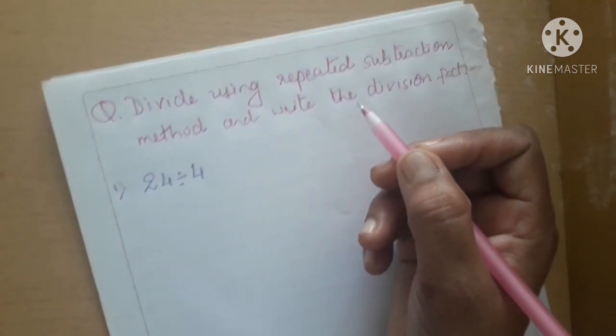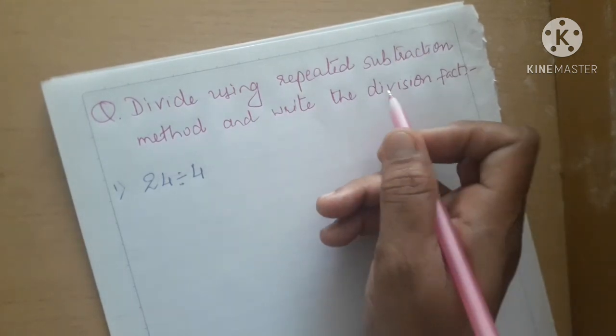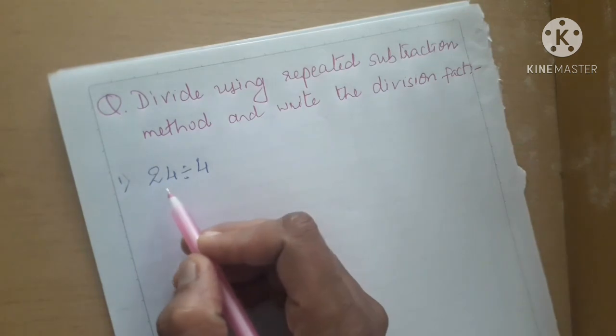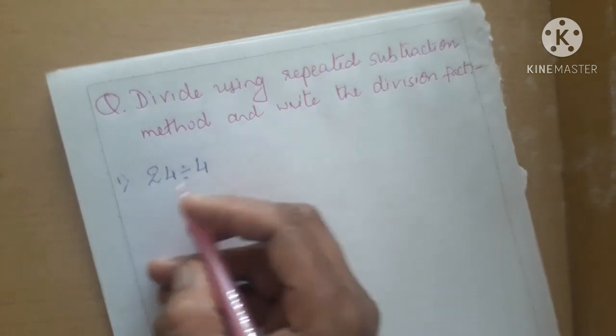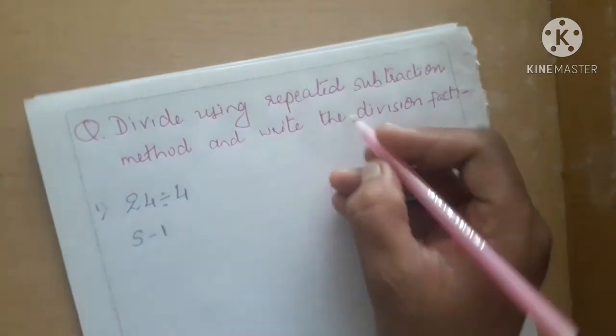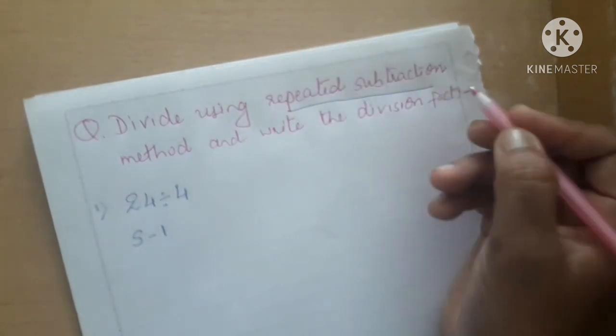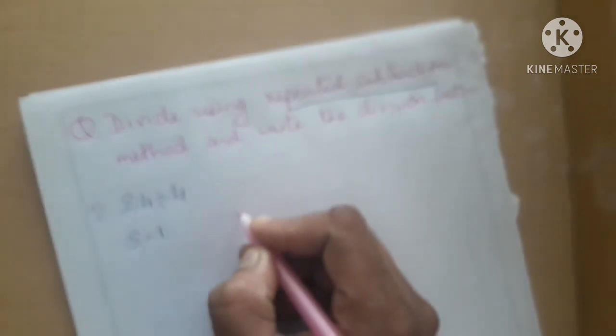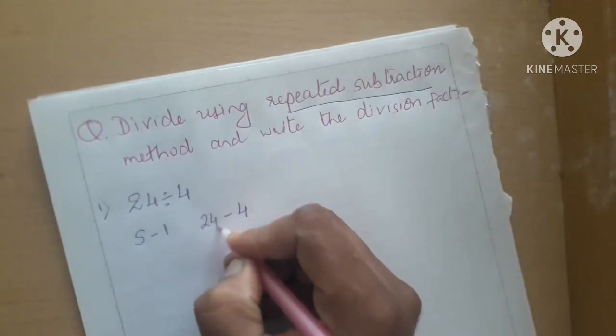Now let us see division by repeated subtraction. So here we go. The first question is 24 divided by 4. So how are you going to do it? That is the method, as I said, this is repeated subtraction. So first step, I will subtract 4 from 24.